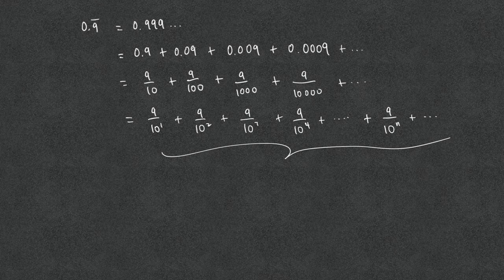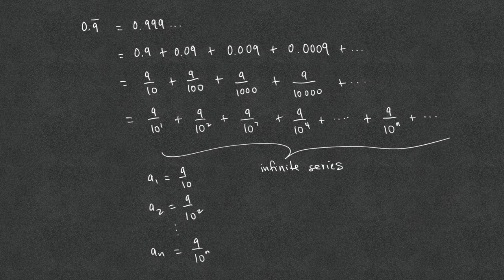The terms in this sum are the terms of the sequence, where a sub 1 is 9 over 10, a sub 2 is 9 over 10 squared, and a sub n is 9 over 10 to the n power. Infinite sums of this type are called infinite series. An infinite series is basically the sum of infinitely many terms.